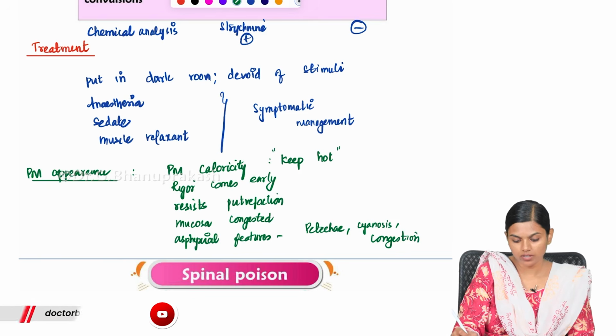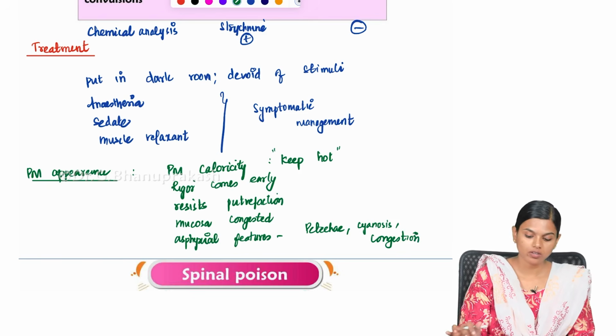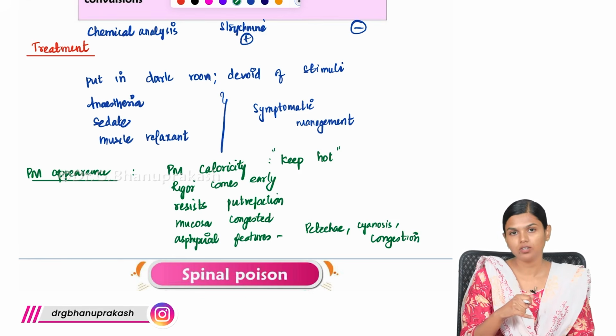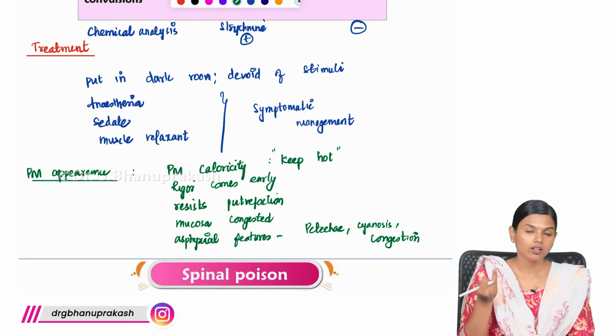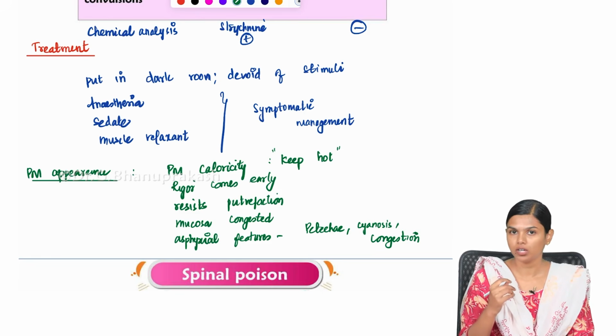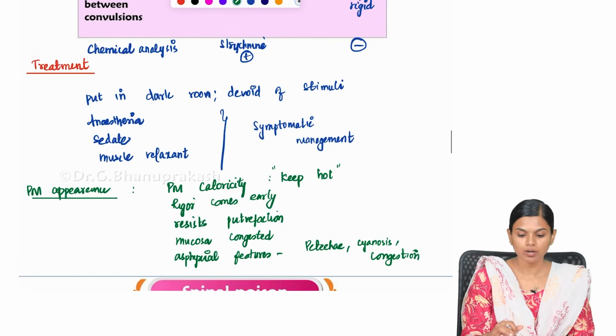All these features will be seen post-mortem. So all this is the post-mortem appearance. Most important is post-mortem caloricity, and rigor comes early, and strychnine resists putrefaction, so it can be found in the body even after a very long time. It will keep on staying in the body. That is the important aspect of strychnine.